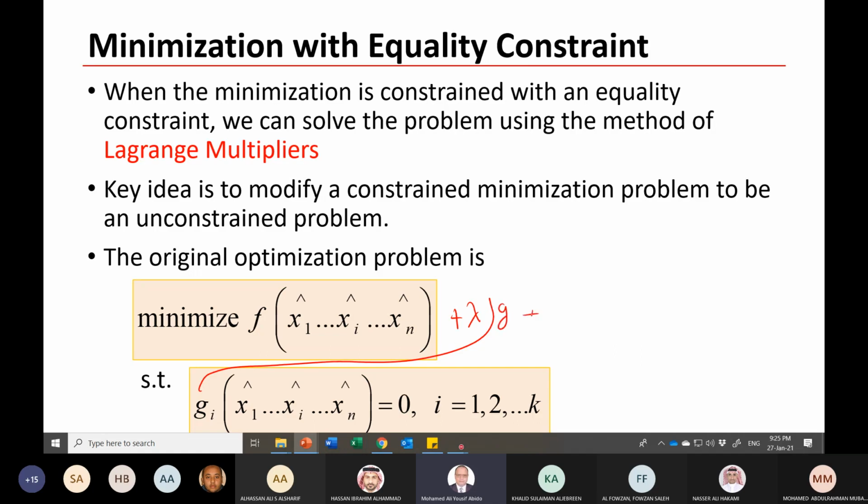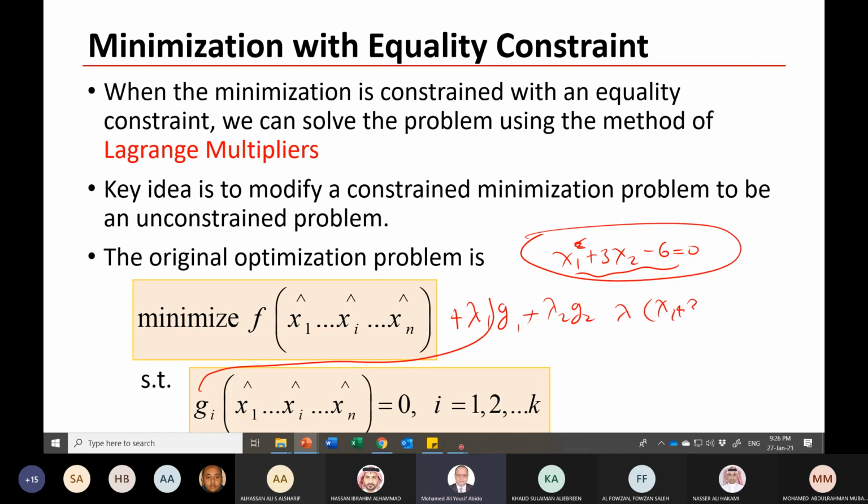If you have several, lambda 1 times g1, lambda 2 times g2, and for example if you have the constraint x1 plus 3x2 minus 6 equal to 0, this is the equality constraint. So you multiply this by lambda times x1 plus 3x2 minus 6 and add it to the objective function.